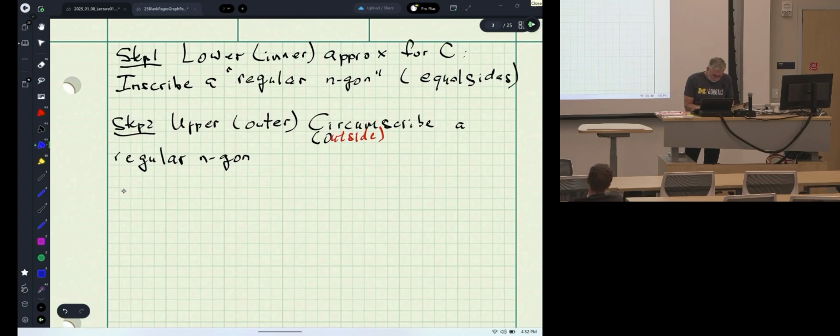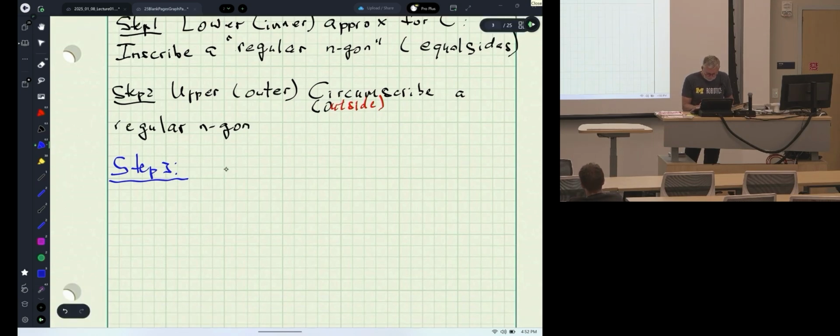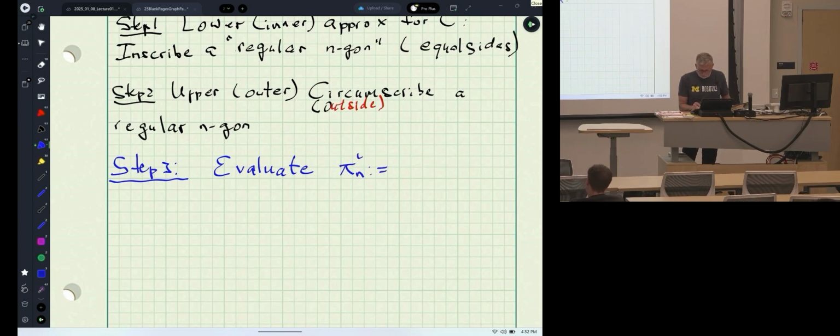And then finally, the key step is we evaluate, compute the sides of these n-gons, and we have pi n up is n times Ln, and pi n low is n times little n.